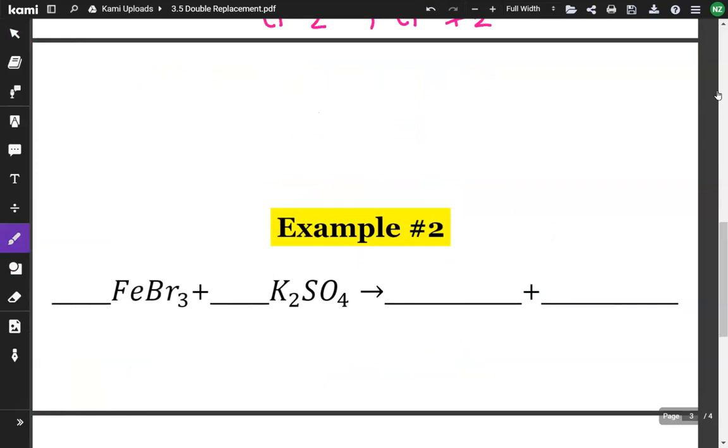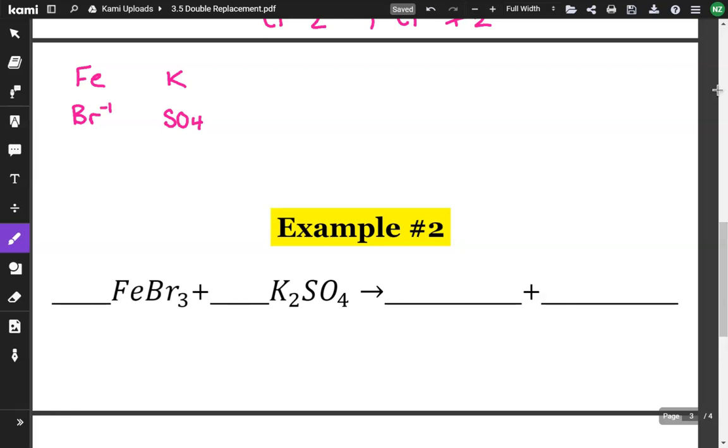Okay, so same thing. We're going to start with charges. So I've got iron, I have bromine, I have potassium, and I have sulfate. Okay, iron is in the D block, so I have to look at what it's attached to.